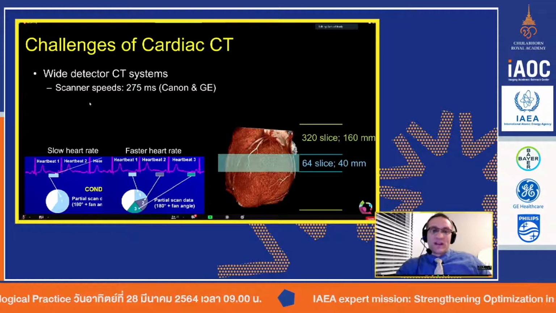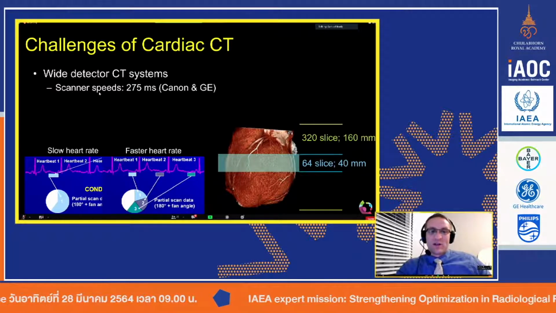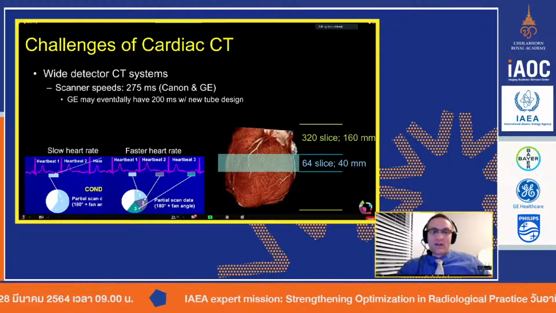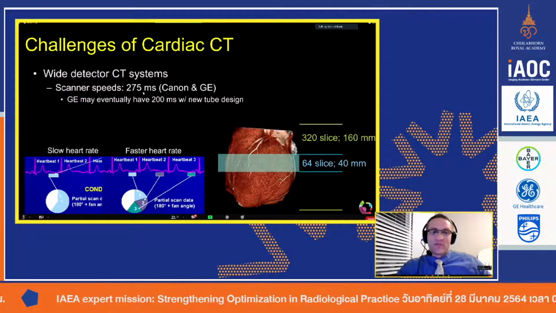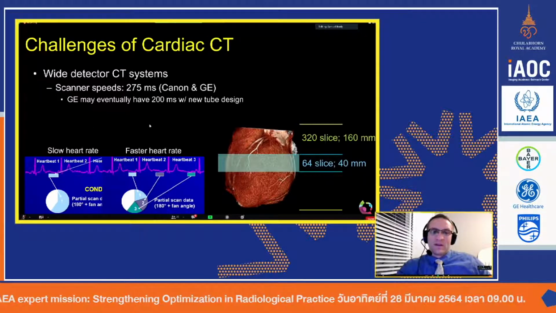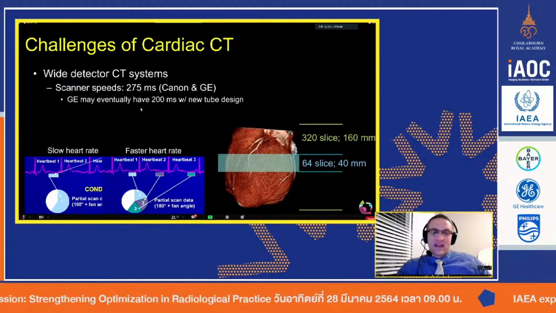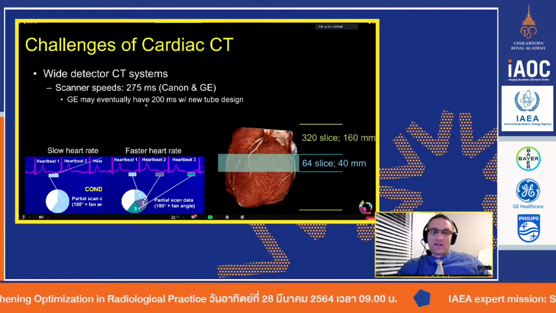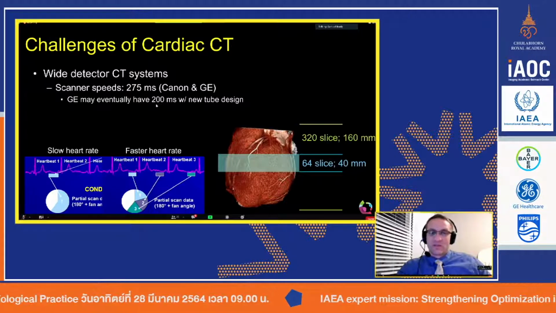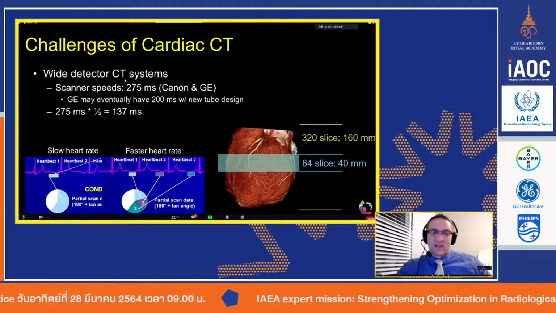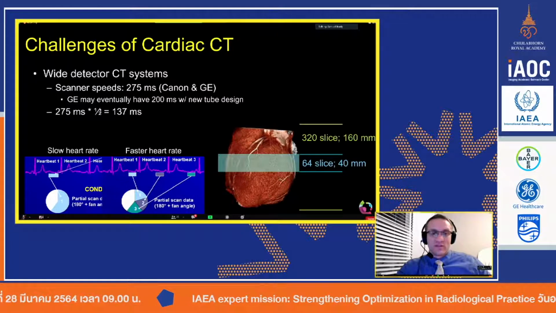And so if you look at the Canon and GE scanners, those are the two wide cone angle scanners on the market. They can spin as fast as 0.275 seconds currently. And GE has said that at some point in the near future, it will be able to go 200 milliseconds or 0.2 seconds. That's pretty darn fast. But let's take the numbers as they are now at 275.